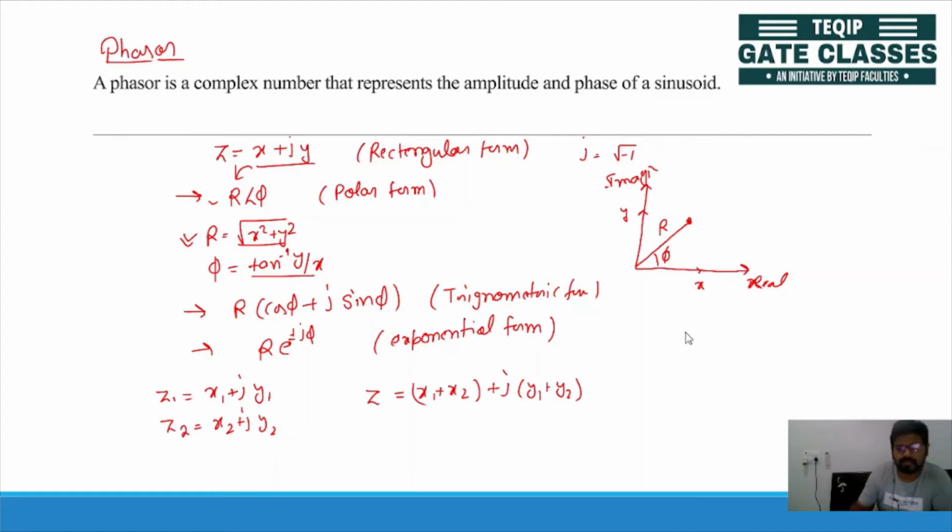But if you have a polar number like r angle phi and you have to convert it into rectangular form, then you can adopt the trigonometric method: write it as r cos phi plus j sin phi. Now r cos phi will be your real part and r sin phi will be your imaginary part.